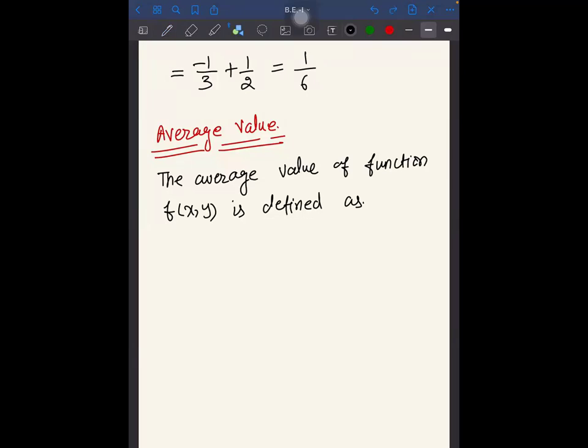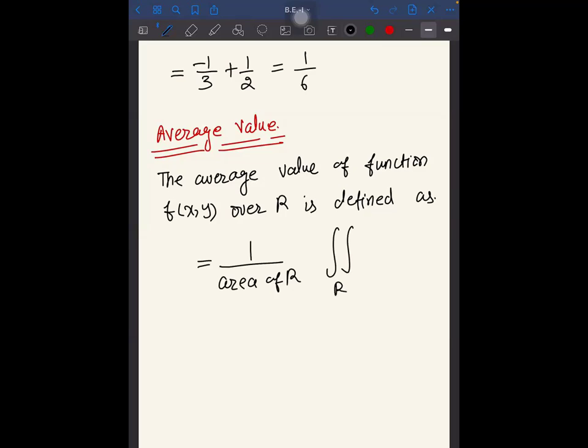So over R, the region R, which is of course closed and bounded, it would be 1 upon area of R, times the integration over R of f.